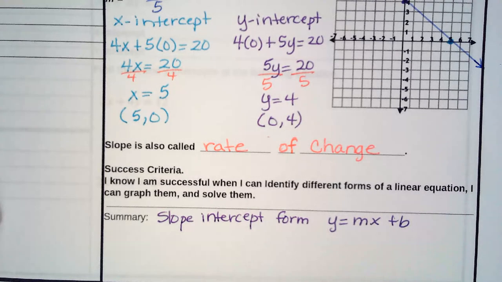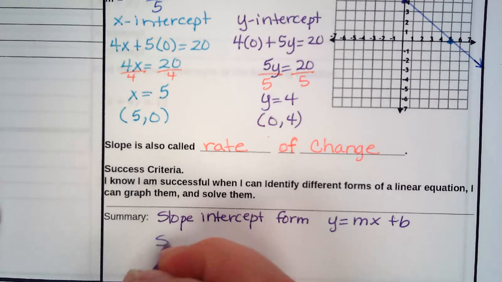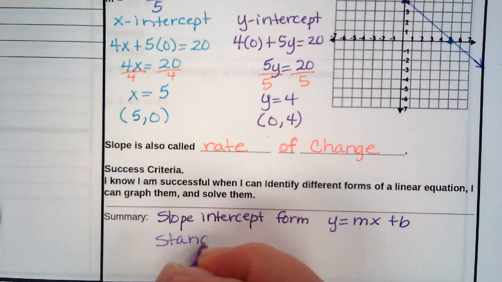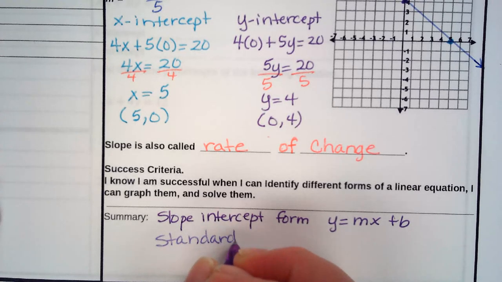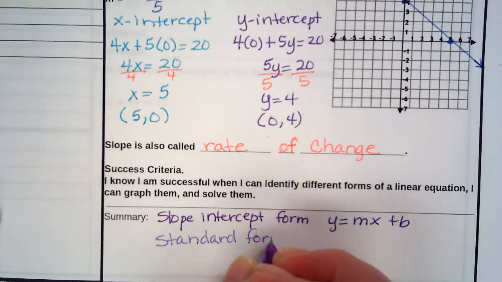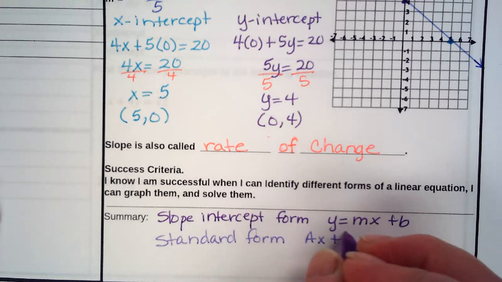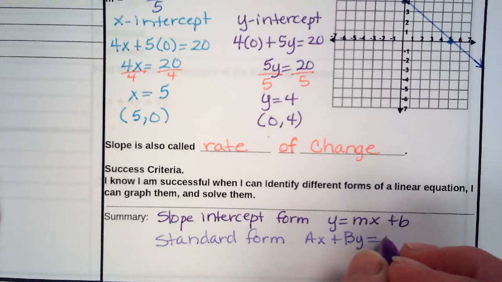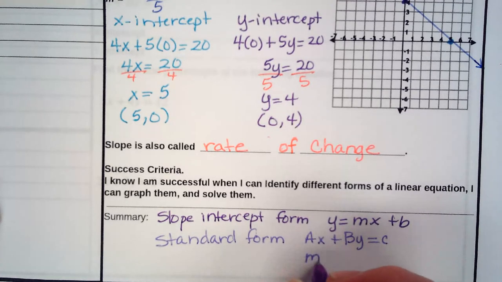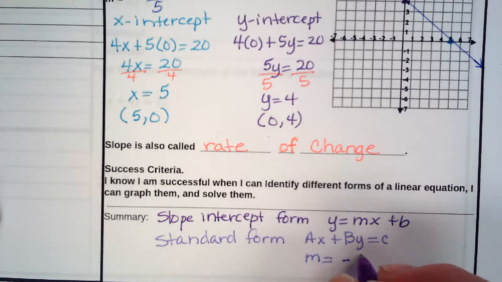It's easy to graph from slope-intercept form. And the other form is your standard form. Standard form is ax plus by equals c. And remember, your slope here is the opposite of a over b.